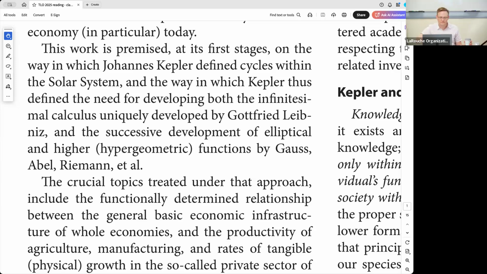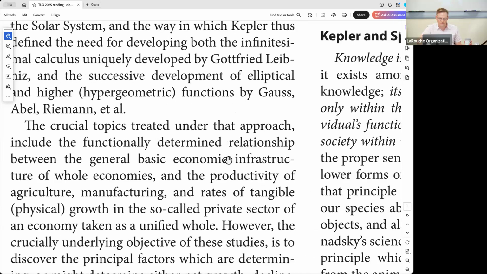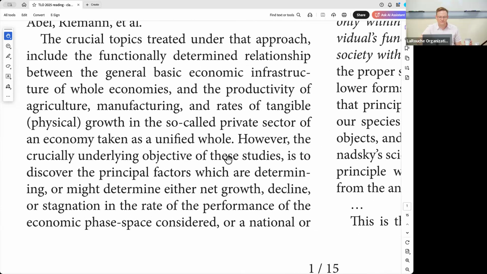The crucial topics treated under that approach include the functionally determined relationship between the general basic economic infrastructure of whole economies and the productivity of agriculture, manufacturing, and rates of tangible physical growth in the so-called private sector of an economy taken as a unified whole.